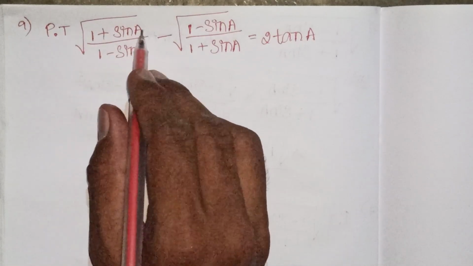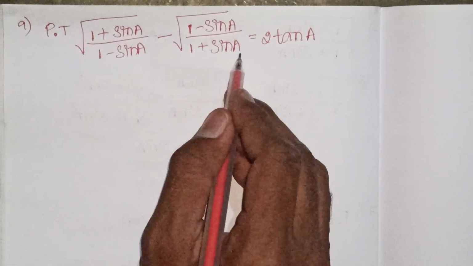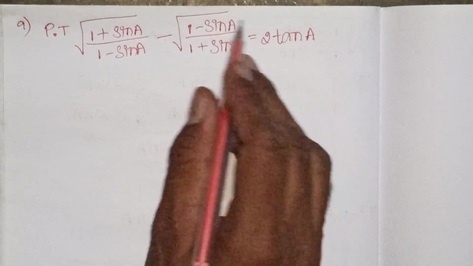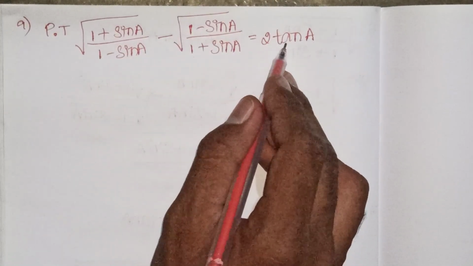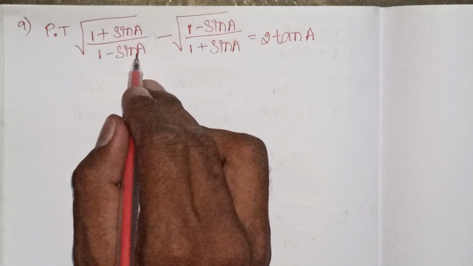Under root 1 plus sin A by 1 minus sin A minus under root 1 minus sin A by 1 plus sin A will be equal to 2 tan A. By taking LHS, we need to prove RHS. In the LHS, we are having square root, therefore we need to rationalize the denominator.